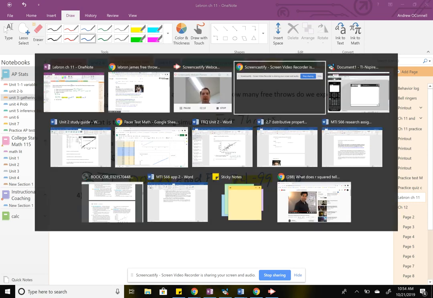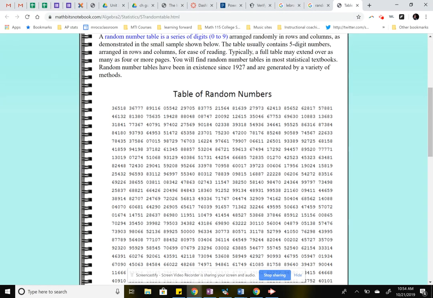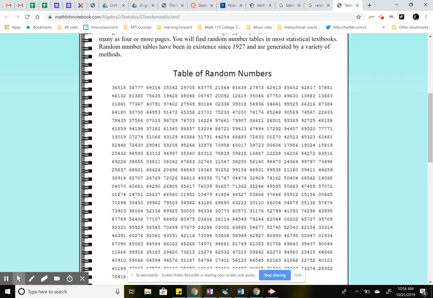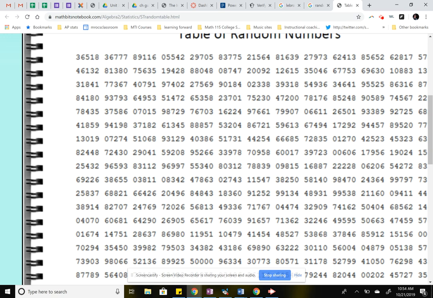And I have that up. So here's a table of random numbers. How to read this, you could really start anywhere, but I'm just going to start on the first line. If you look, 36, 51, 83.